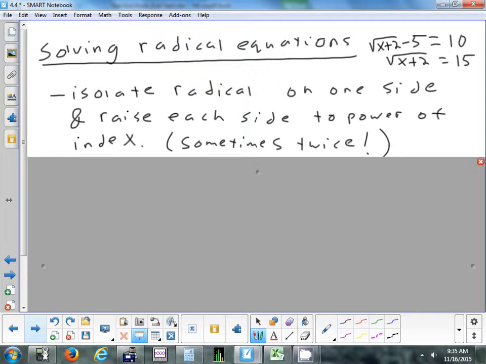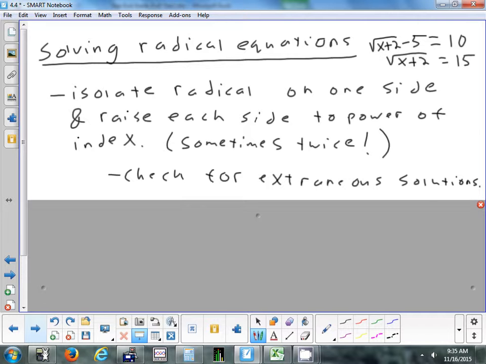We don't have to do it more than once. We just square each side. Sometimes we have to do it twice, but we'll start out with one that we just have to do it once. Make sure you always check your answer to make sure it's not extraneous. Sometimes you do everything right, you get an answer that just doesn't work.